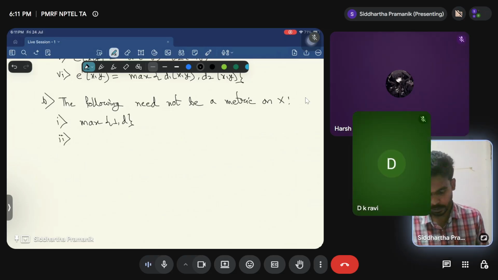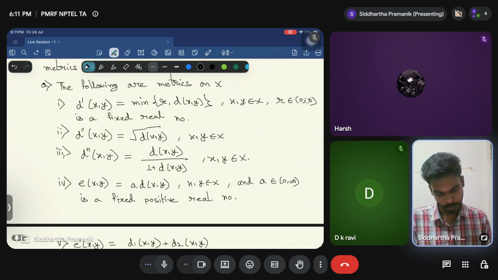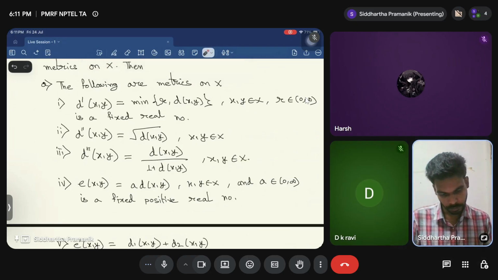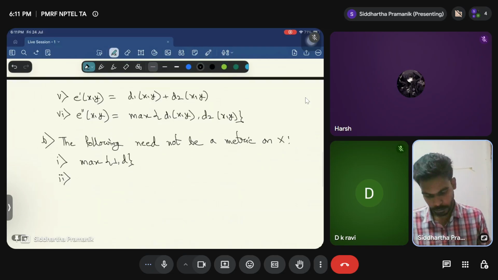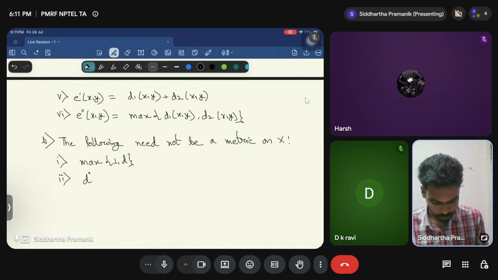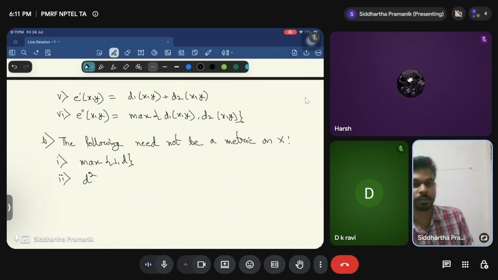Second one is, we have taken square root, right? What happens if we take some other power? Let's take d square. We can see that d square need not be a metric.